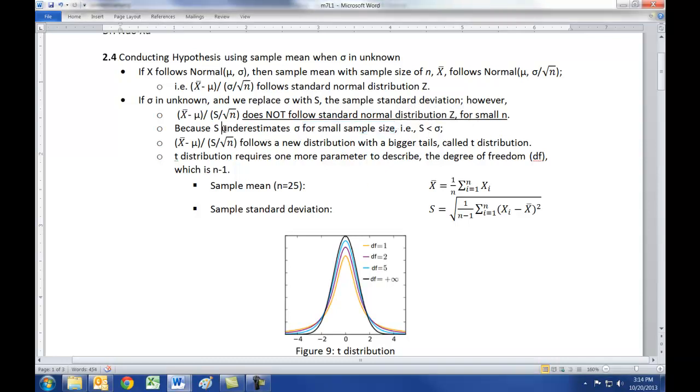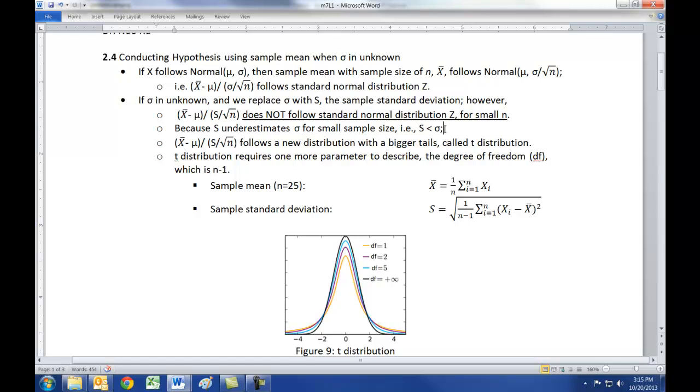By underestimation, it means that for a limited number of samples we draw, the sample standard deviation tends to be smaller than the actual value of the standard deviation of the process.